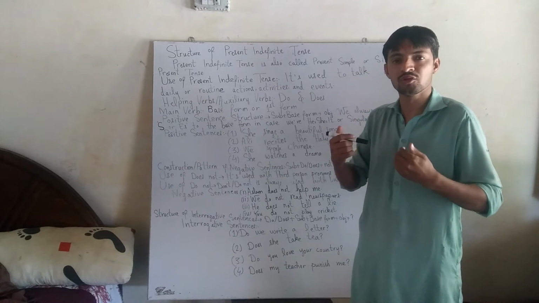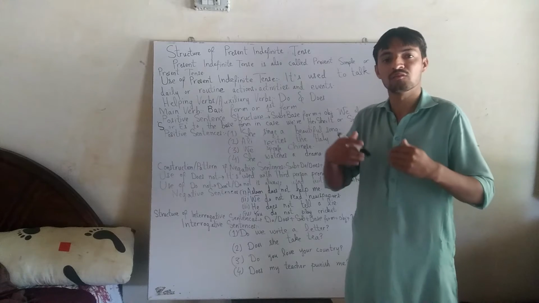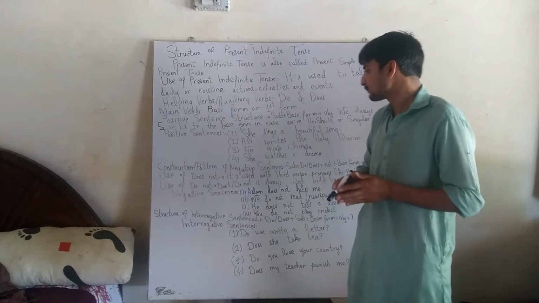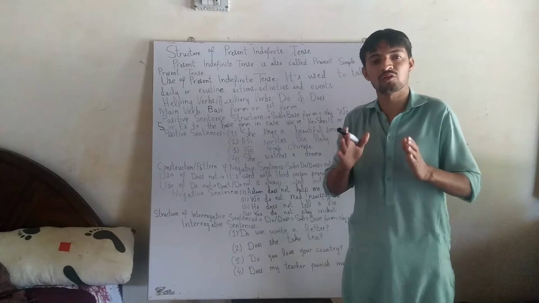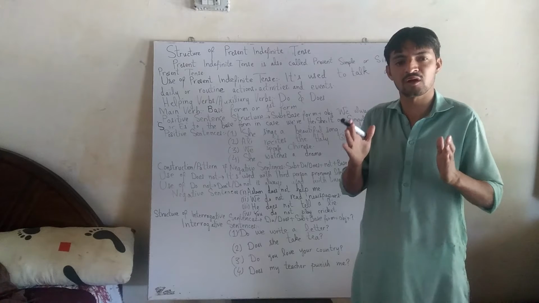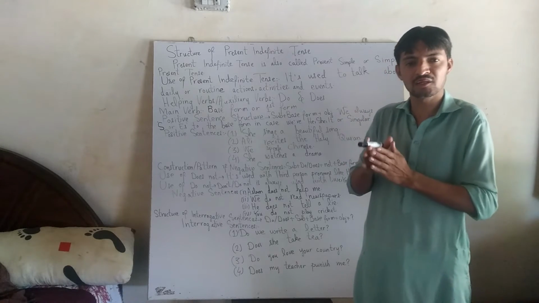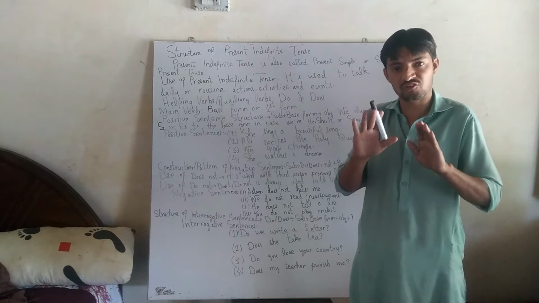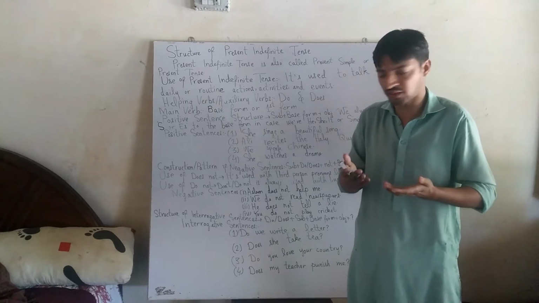Or if we have a singular noun, then we add s or es to the base form, right? But remember, this rule is limited to the positive sentences only. We don't use this rule in negative and interrogative sentences. This rule is restricted to the positive sentences only, right?